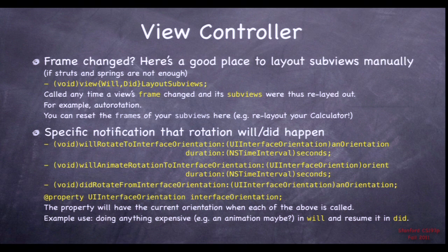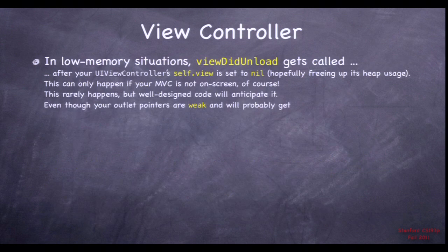One thing about will and did rotate is if you've got an animation going on your screen, a bunny bouncing on the screen or something like that, and the person rotates, you might want to stop the bunny bouncing, let the rotation happen, because it's going to do some animation to move slides, and then when the animation finishes with the did rotate, keep the bunny bouncing again. You see? So, something to think about.